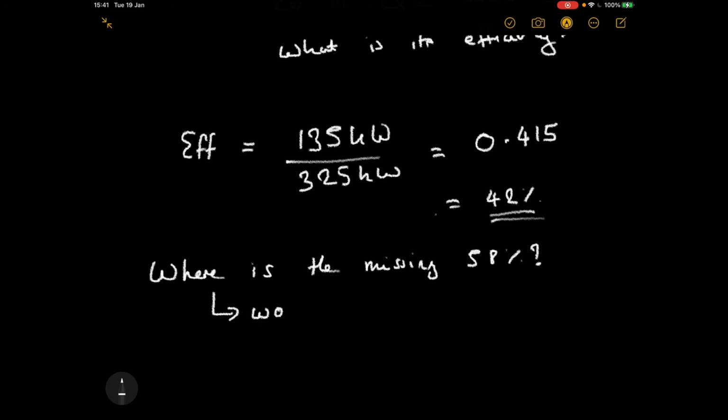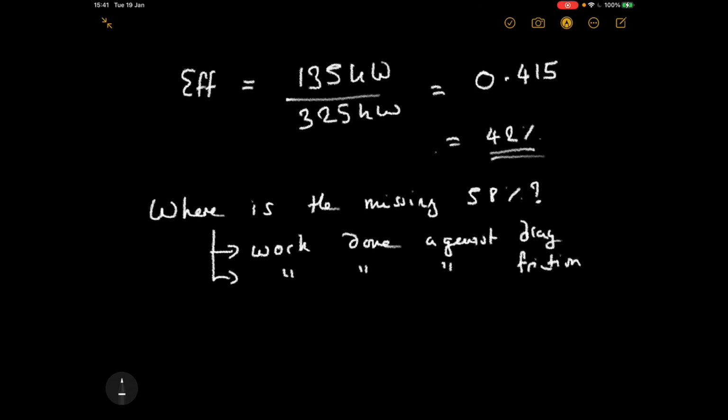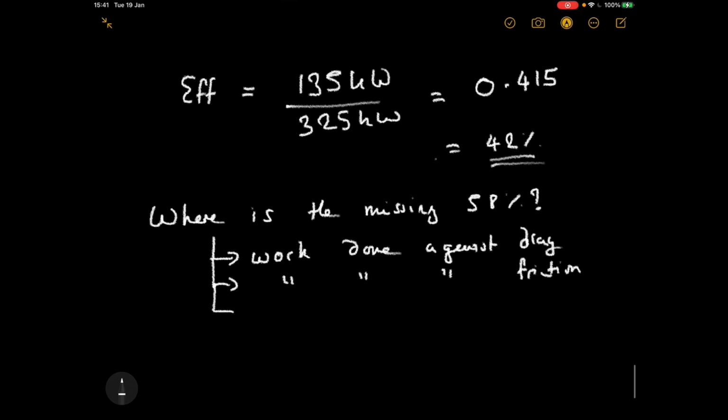We'll have lost it to work done against drag forces. We'll have lost it to work done against friction. And as you get faster and faster, that drag, the air resistance, becomes a bigger impact. We will have lost it to friction with the tyres itself.